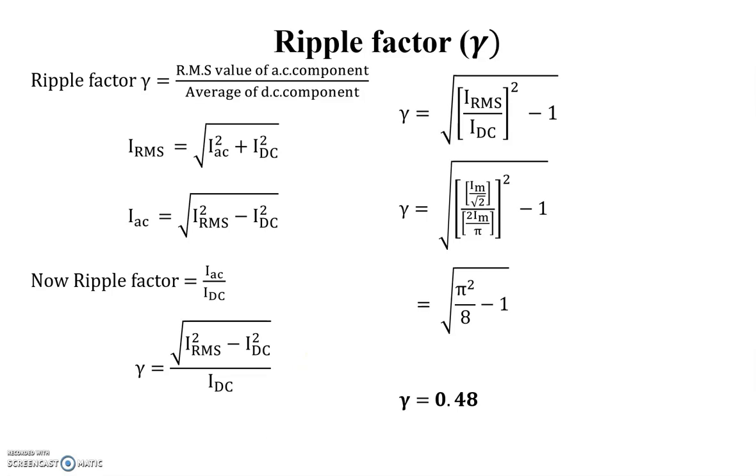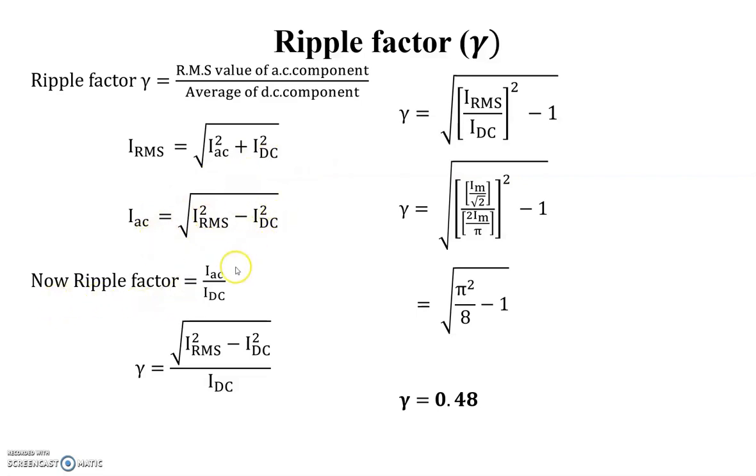So what is the ripple factor? Ripple factor is nothing but the ratio of the RMS value of the AC component to the average of the DC component. Whenever the AC component is 0, the ripple is also 0. So IRMS equals root of IAC square plus IDC square. Here IAC is equal to root of IRMS square minus IDC square.